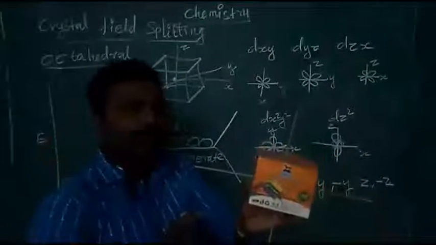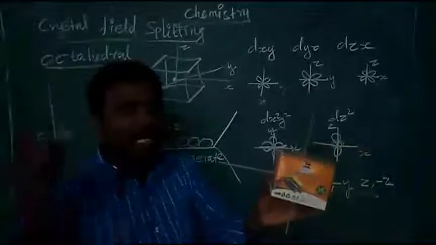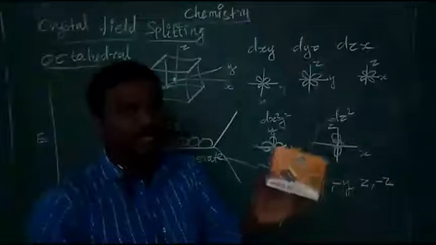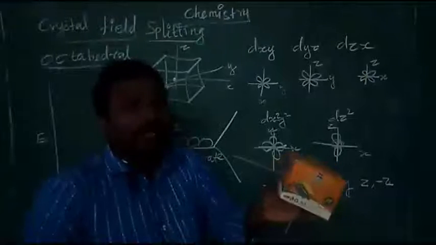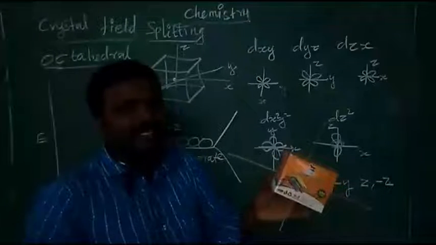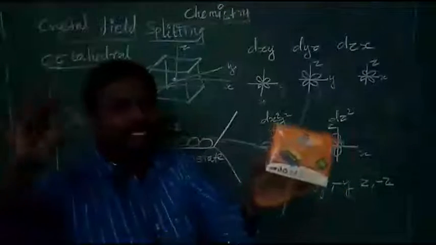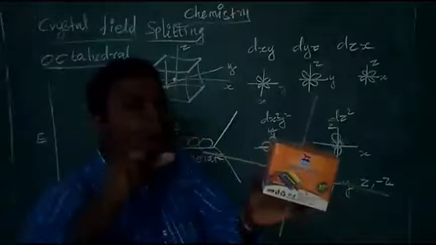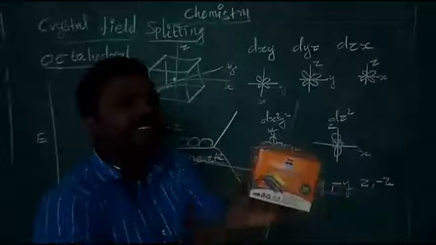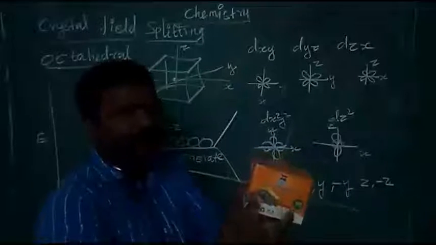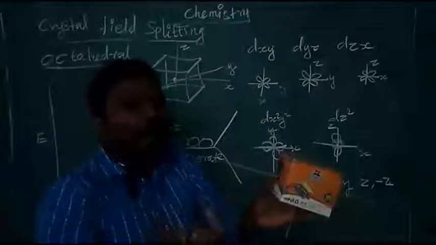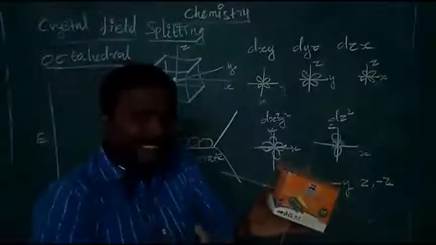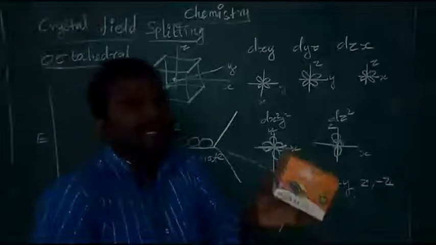So due to that, they will have more repulsion because the orbitals are filled with electrons, and the ligand has a large number of electrons, that means it is an electron rich ligand. So the negative ligand is approaching the already electron filled dx squared minus y squared and dz squared along the axis. The other dxy, dyz or dzx are not affected much.